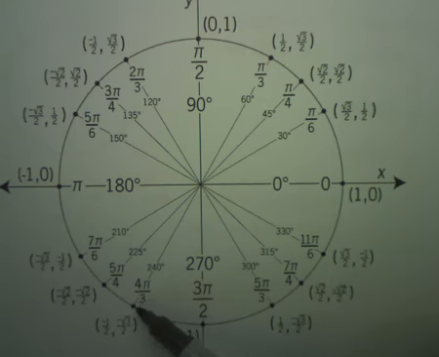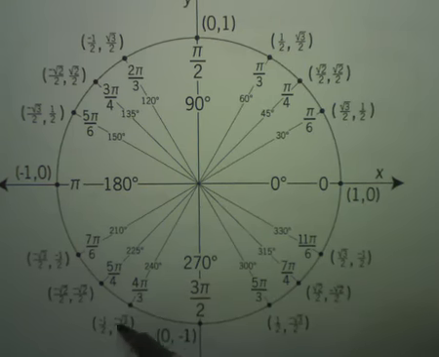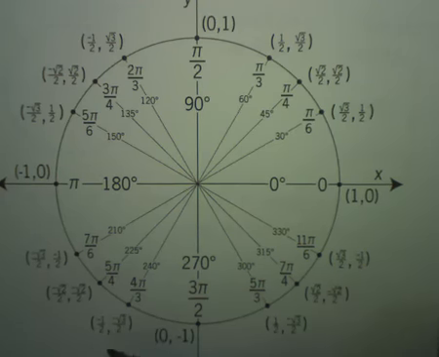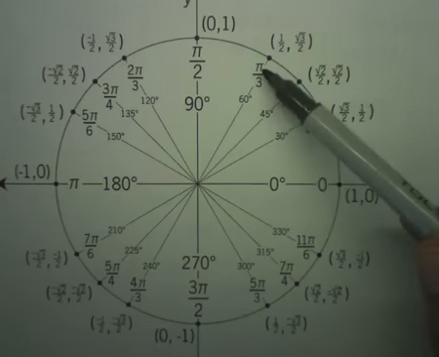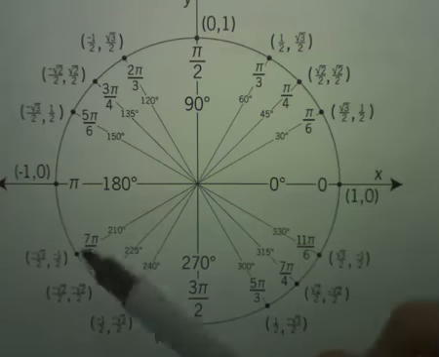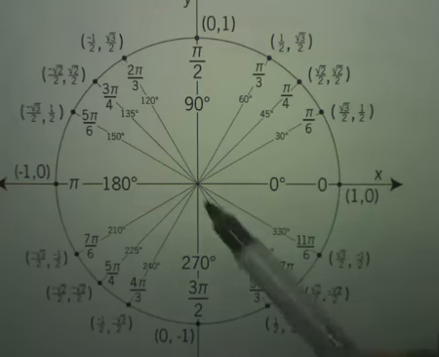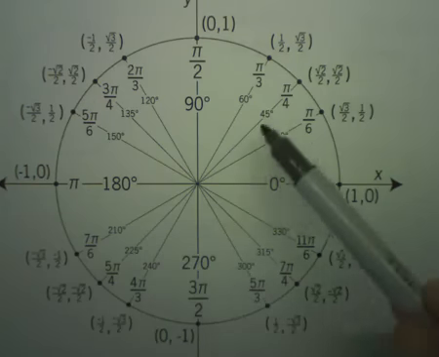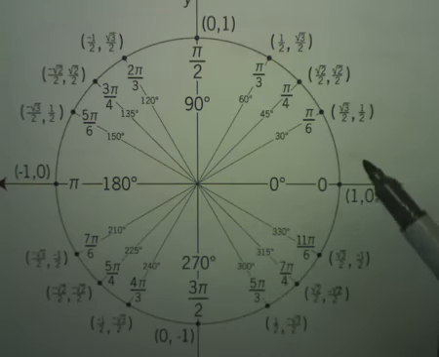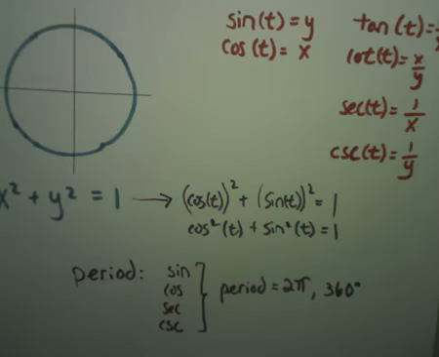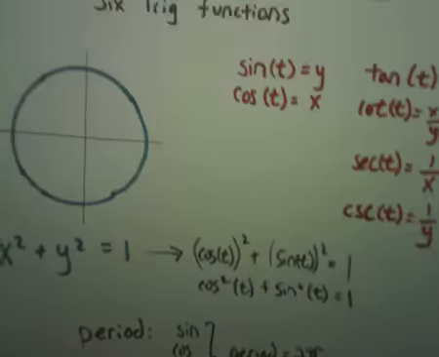The tangent of that would be y over x: negative square root of 3 over 2 over negative 1/2. Those negatives cancel, and you get the exact same value as you would have up here. That's true for any 180 degree opposite, any values on the same spoke of the wheel. So tangent and cotangent actually have a period not of 2 pi, but of pi.